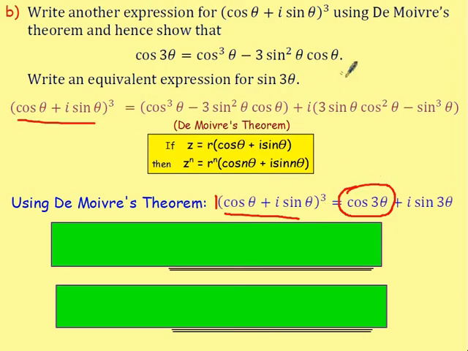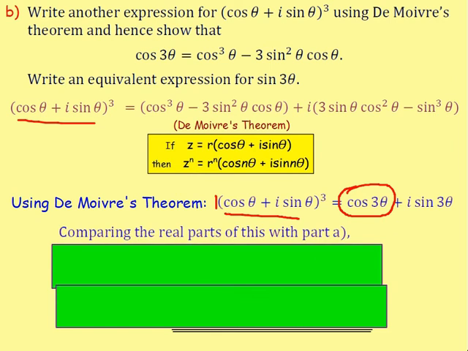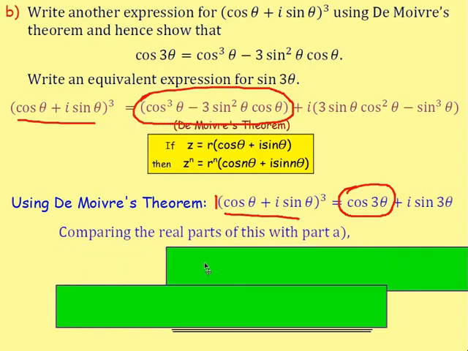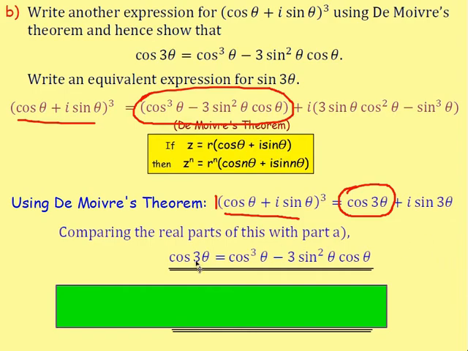But because there's a real part and imaginary part, and again a real part and imaginary part, really the real parts have to be equal. So we'd have to equate the real part here with the real part from part A. So if we equate the real parts, we can say then that cos 3 theta, the real part here, equals the cos cubed theta, take away 3 sine squared theta cos theta. So that's us equating the real parts.